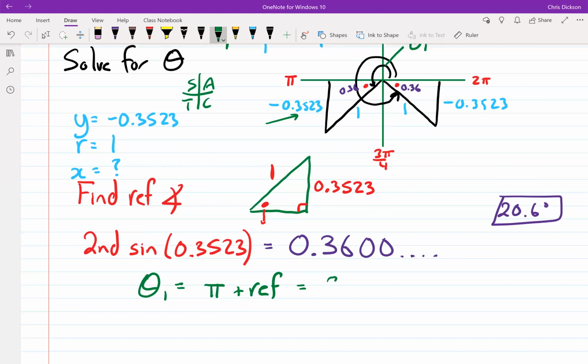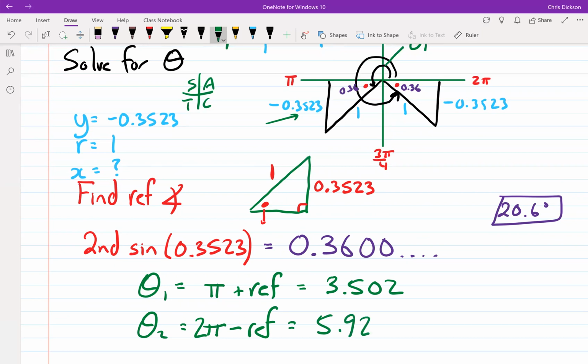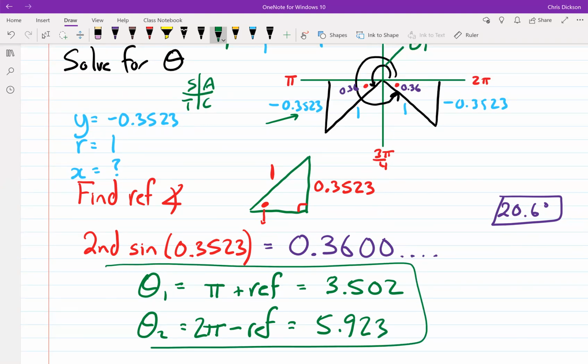I get 3.502 radians. And to find the second angle, I do 2 pi minus the reference angle. So I'm going to go 2 pi minus a reference angle of 0.36. And so I'm getting 5.92, 3, I guess, if I go to 3 digits. So there's my two angles in radians.